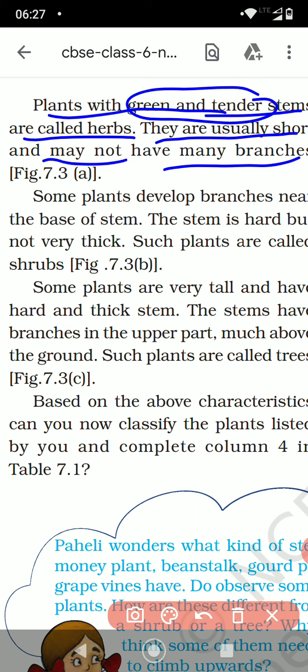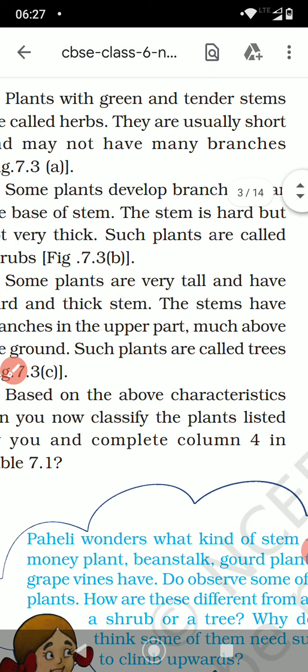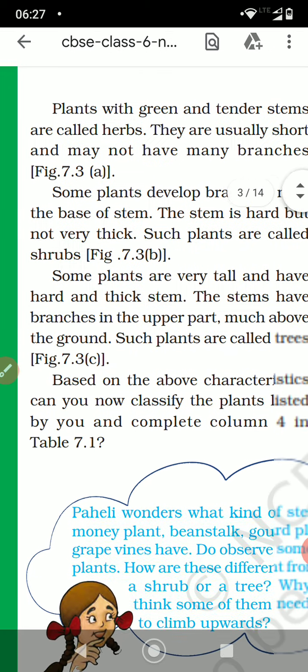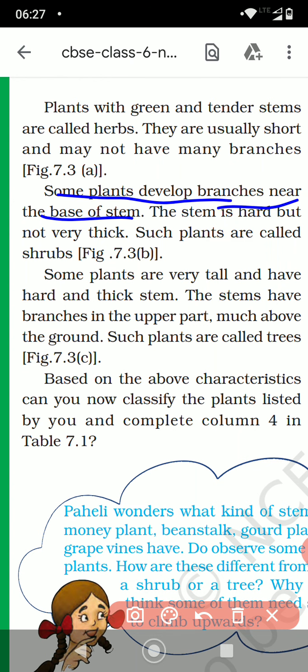And they are short and may not have many branches. Some plants develop branches near the base of the stem, but the stem is hard but not very thick.